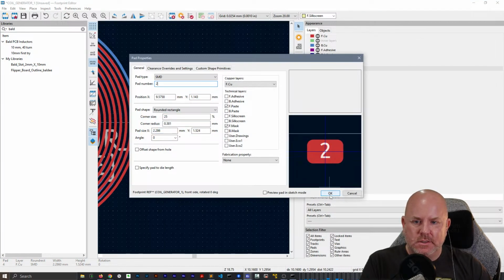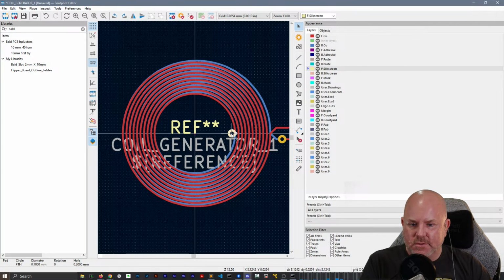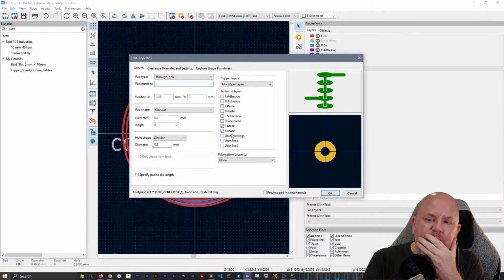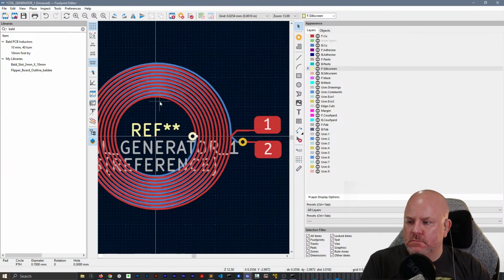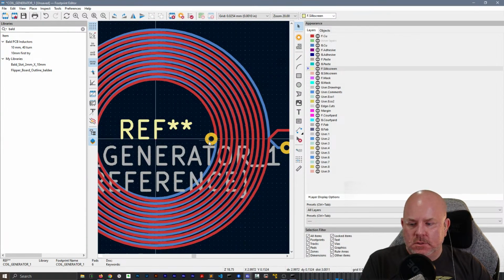So what I'm going to do here is I'm going to do this. These are vias, right? Let me double check. They'd have to be vias, right? So this is a plated through hole.